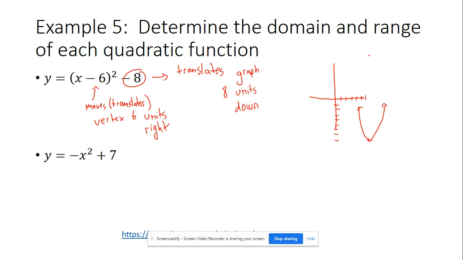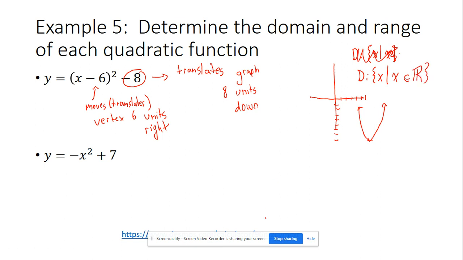So we're talking about the domain and range. My domain is going to be same as my last one. This guy's going forever to the left, forever to the right. Let me do this again. Domain is all x such that x is a real number.